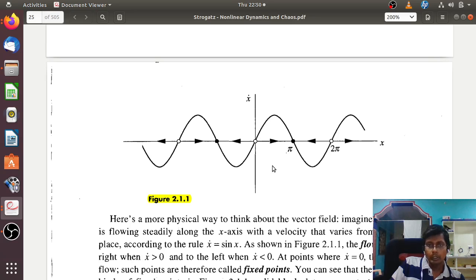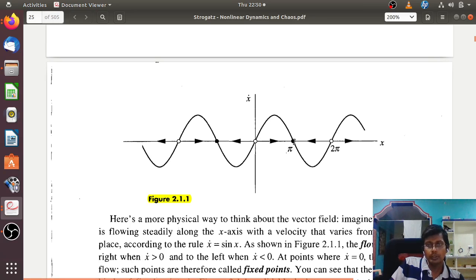But among those fixed points, if you see, some of them are represented as a full solid dot, and the others are represented like a hole. So what is the difference?